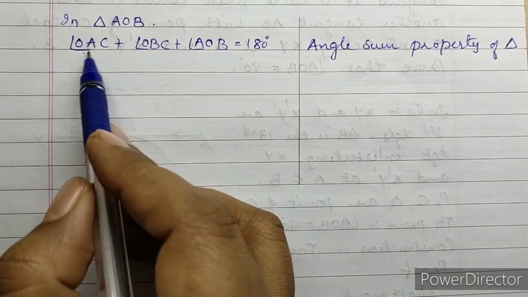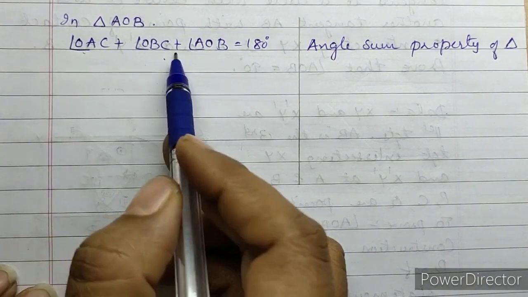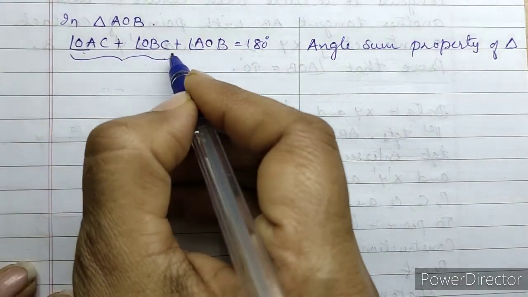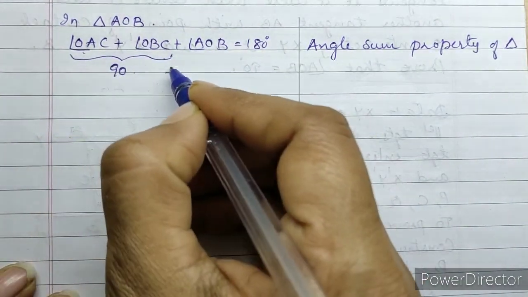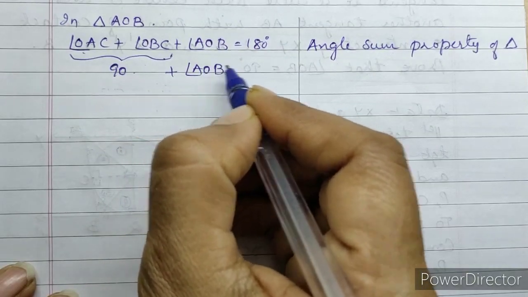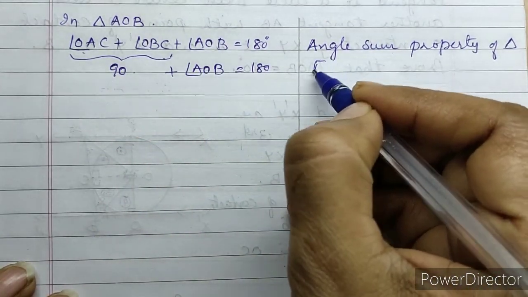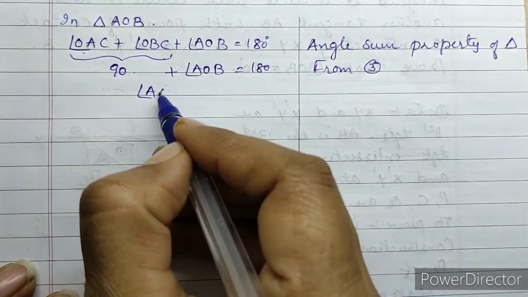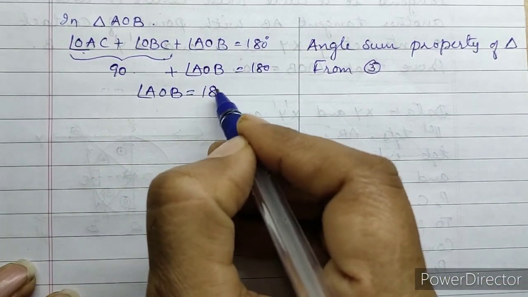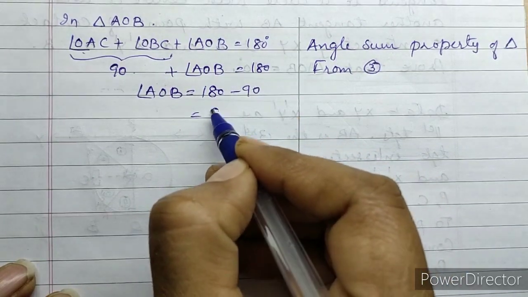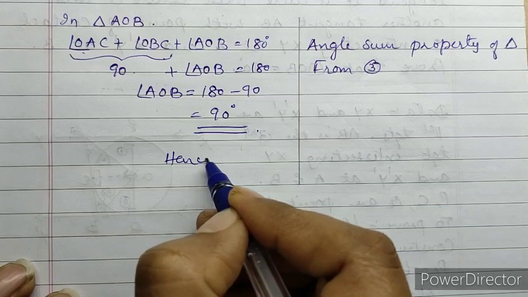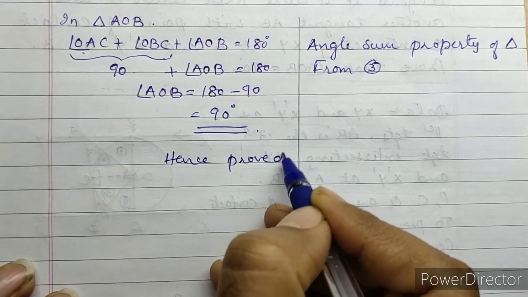Now OAC plus OBC, you have already proved by the third equation, is 90 degrees. This sum is 90 degrees plus angle AOB equals 180. Now what is AOB? AOB is equal to 180 minus 90, which is equal to 90 degrees. Hence proved.